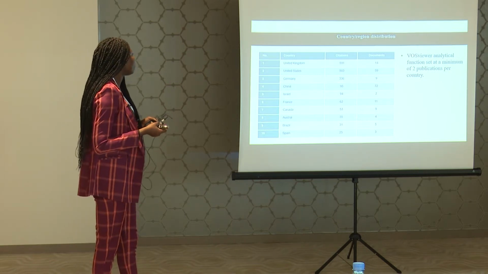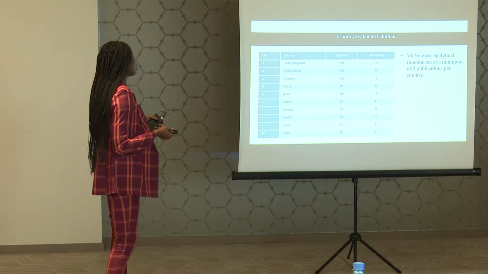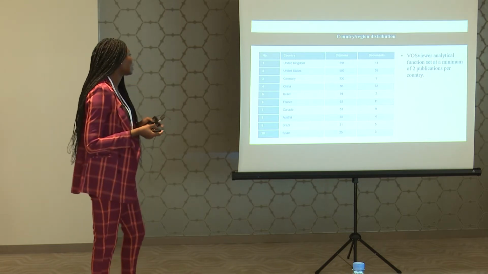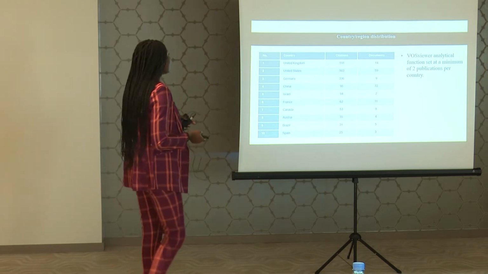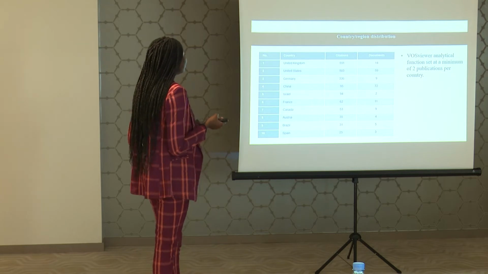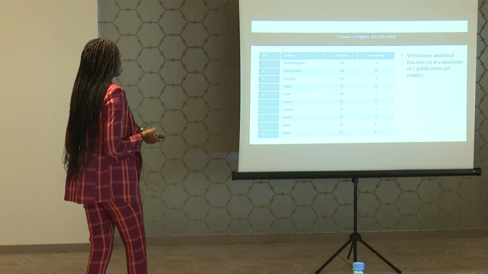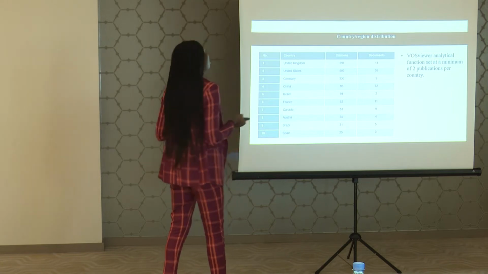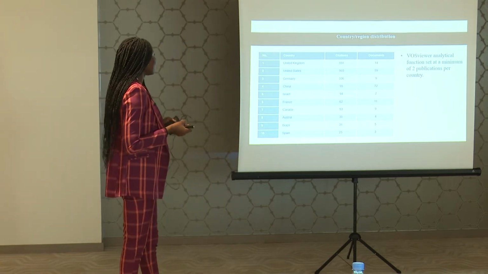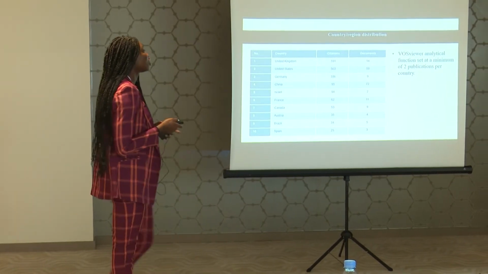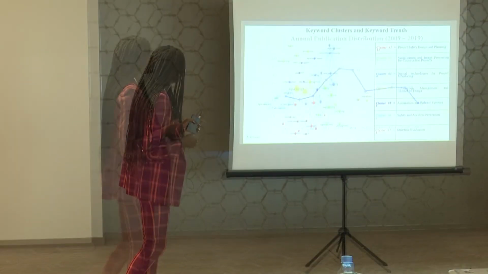And at the end of the whole process, it was shown that a total of 10 countries met this criteria. And as you can see, the countries with the highest documents on digital technologies and health and safety in construction were the United Kingdom, United States, and China. But the United Kingdom, with a number of 14 documents, had the highest number of citations.